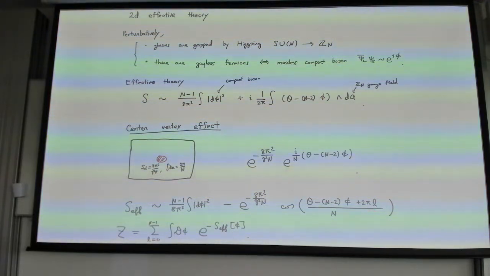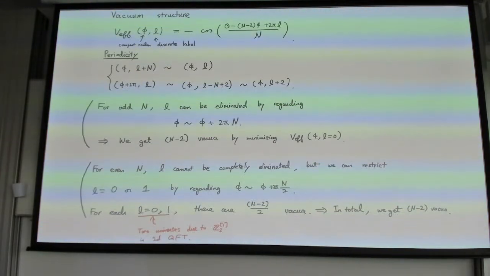But you also get the L label, for constraining the fact that the total topological charge has to be an integer. So the partition function should be given by a summation over L from 0 to n minus 1 with this action, and this phi path integral is periodic in 2 pi. That means the identification of phi and L should be given by this form.